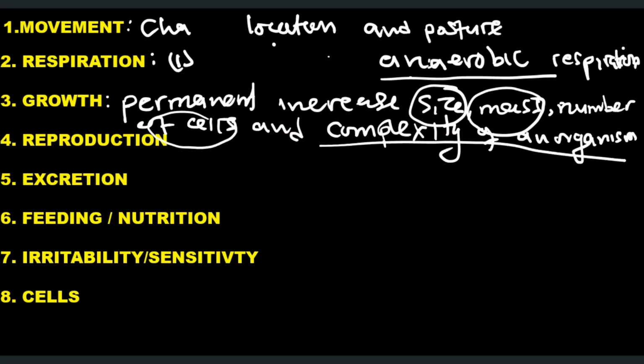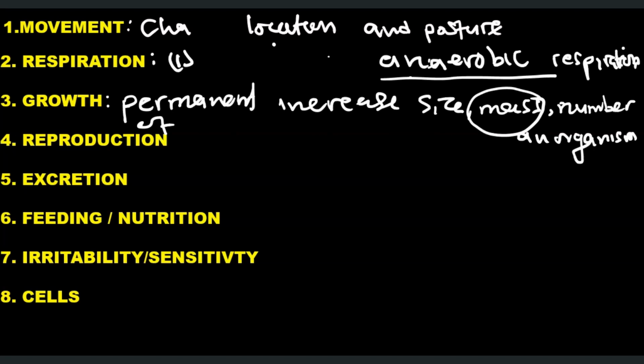This means that the organism should be able to do certain functions that they are not able to do in their early stage. They are becoming complex. So that is the characteristic that shows that an organism is living if there's growth. Okay, the other one that we can look at is reproduction.